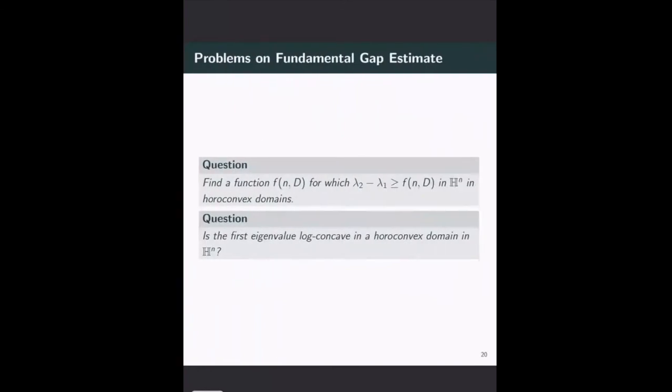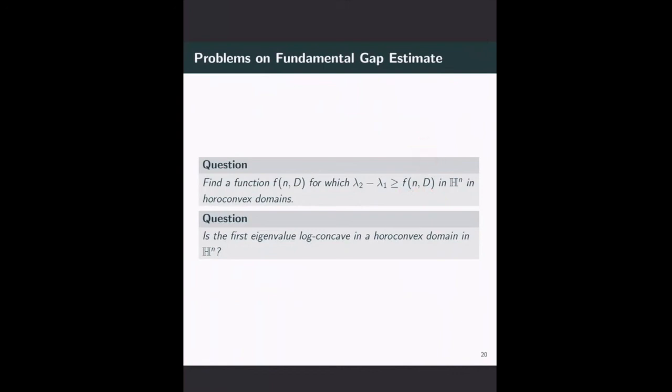So what are we working on now? Well, we don't really have an idea of how to do this. It seems like there has to be a rate. What rate is it? It has to be a function of the dimension, a function of the diameter. We showed that 1 over d squared is not the right one.